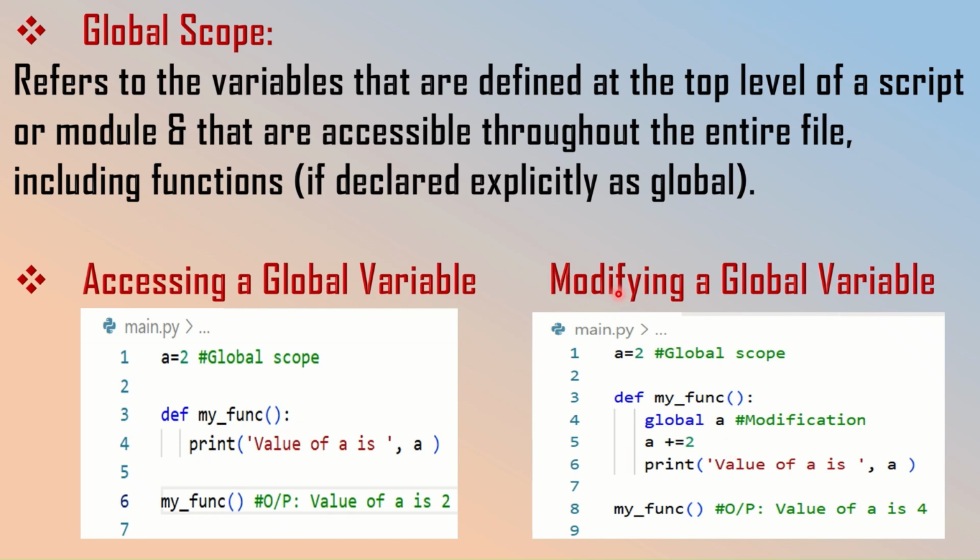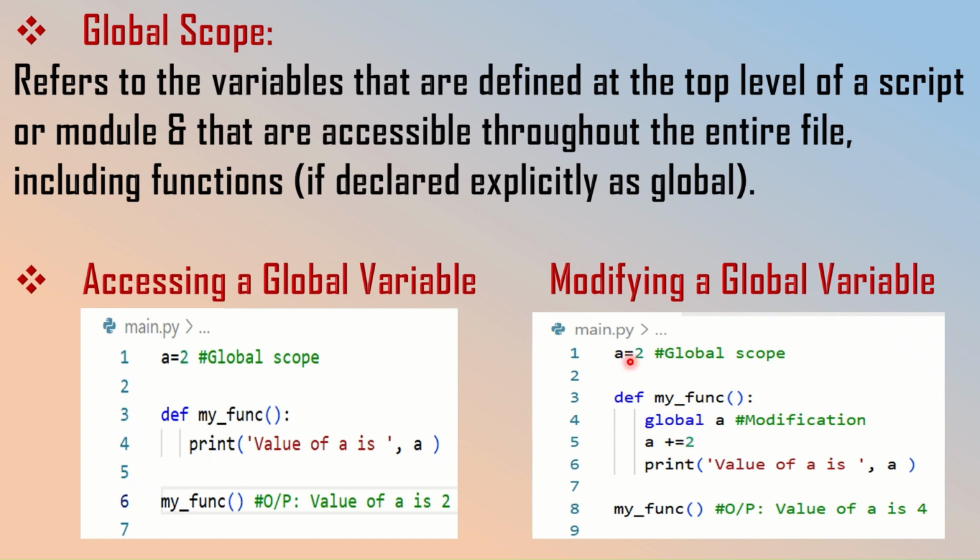The second example is modifying a global variable. In order to modify a global variable, first of all, we need to declare that variable inside the function with the global keyword, and then we can modify that variable.